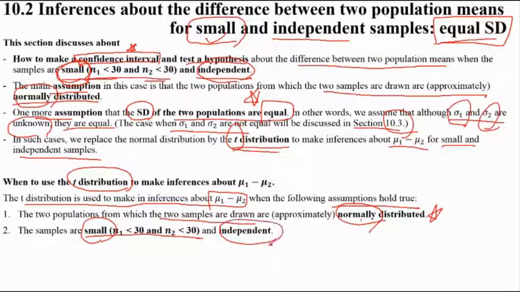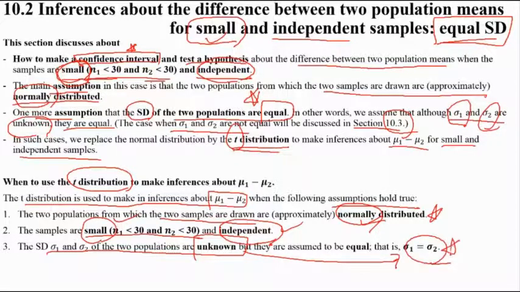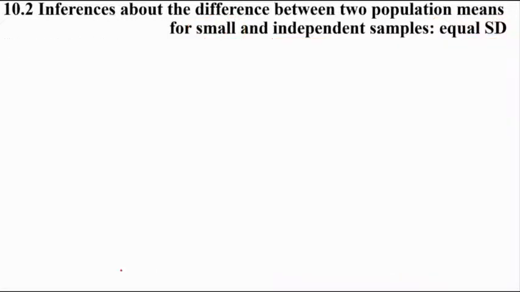And one more: if the two sigmas, the standard deviations of the populations, are unknown, then we say sigma 1 and sigma 2 are equal. If you satisfy those conditions, we're going to use the t distribution.